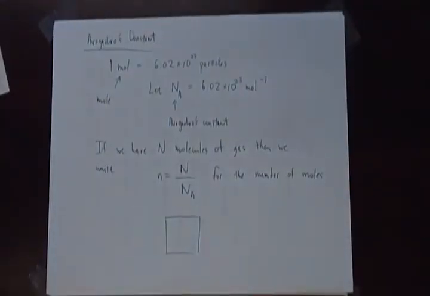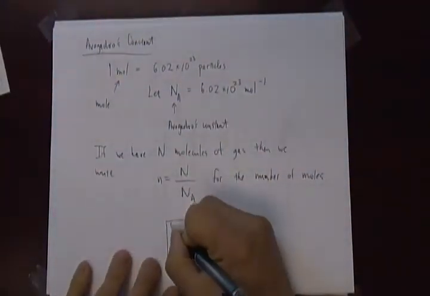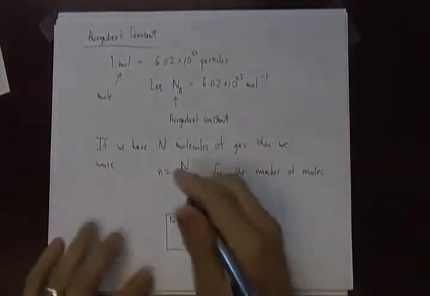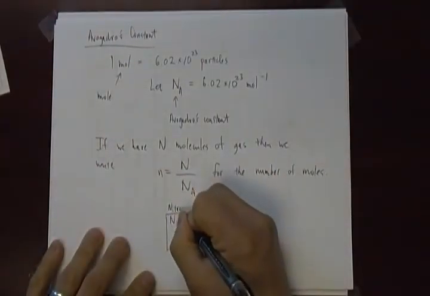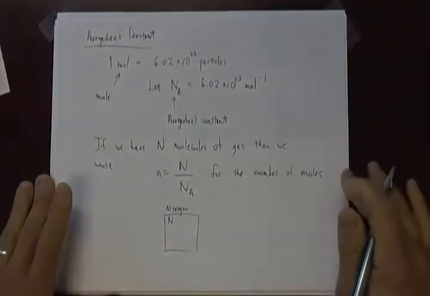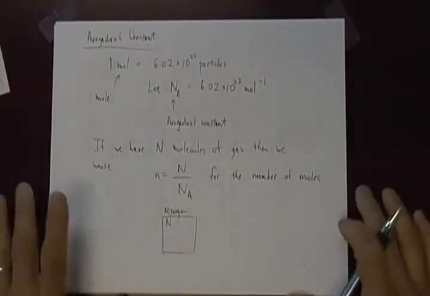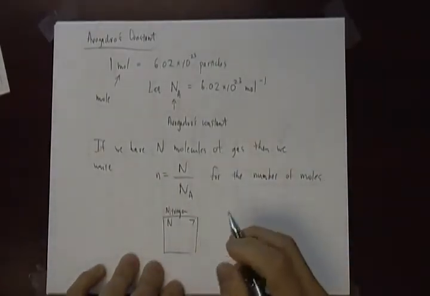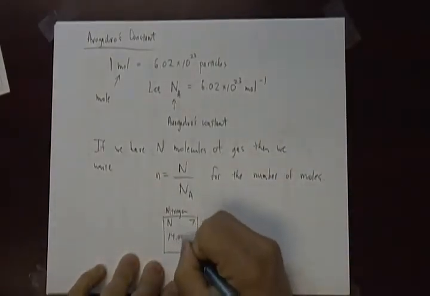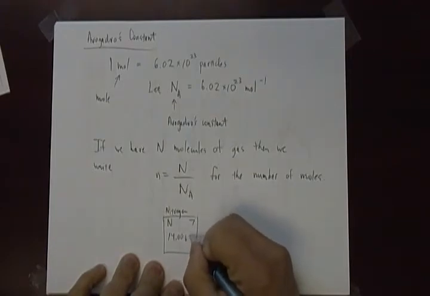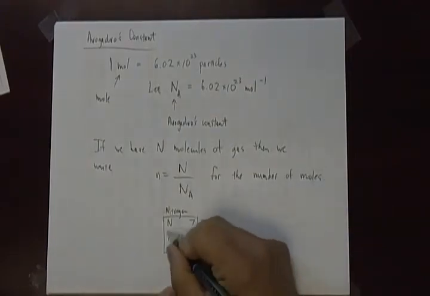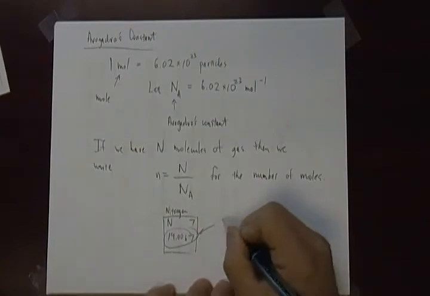The 7 is the atomic number, and N is the symbol for nitrogen. By the way, your homework due on Sunday has a question about nitrogen, so that's a convenient example. Atomic number 7, and the atomic mass is 14.0067, and this is the thing we're focusing on: the atomic mass.